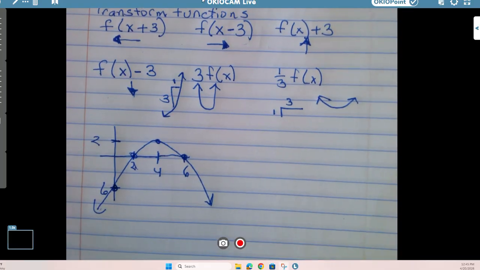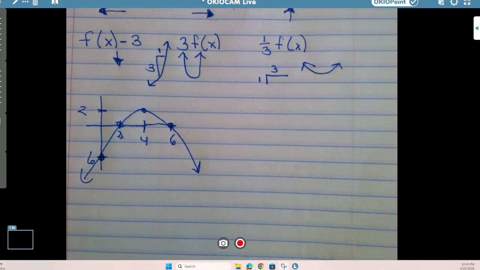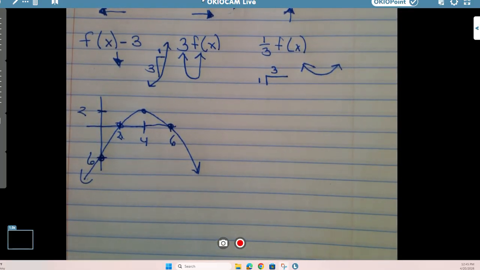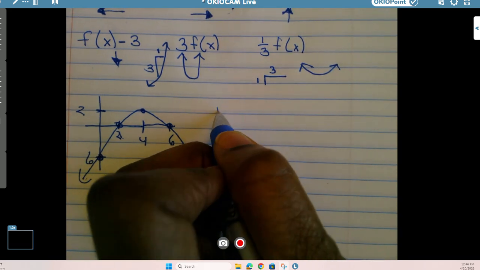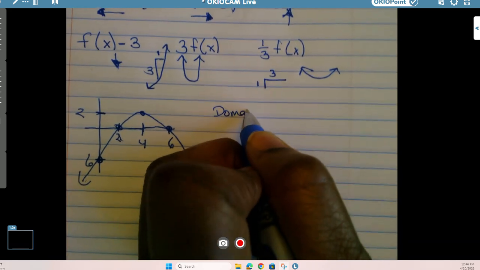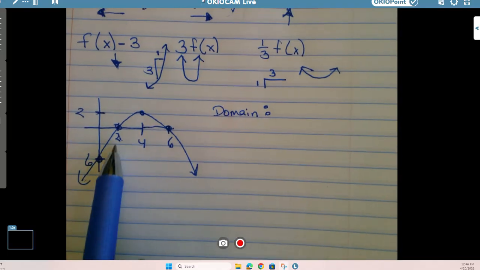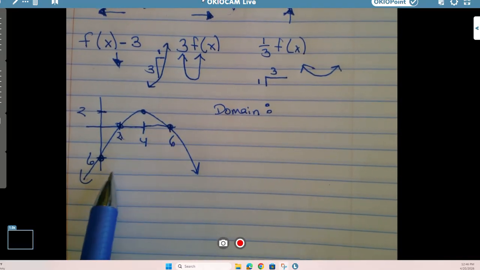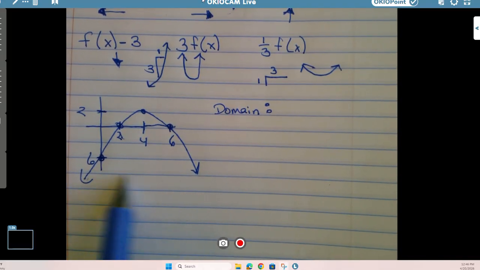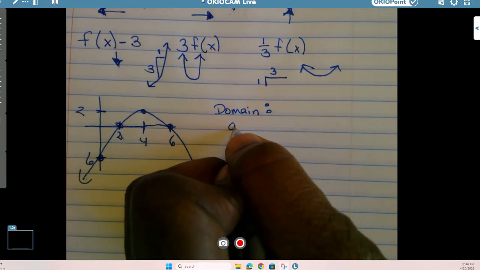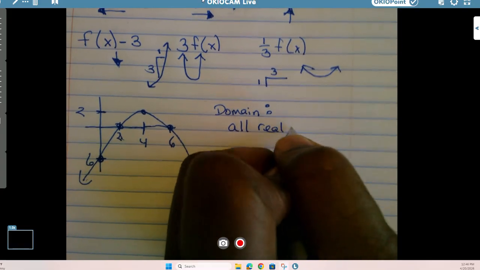If this was a graph with just a quadratic function on it with no context, the domain values are going to keep going forever and ever in both directions. So when it comes to the characteristics of this graph, the domain values, which is the x, because this is continuing to go in both directions, is going to be all real numbers.